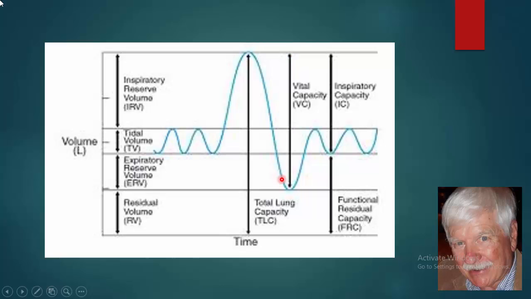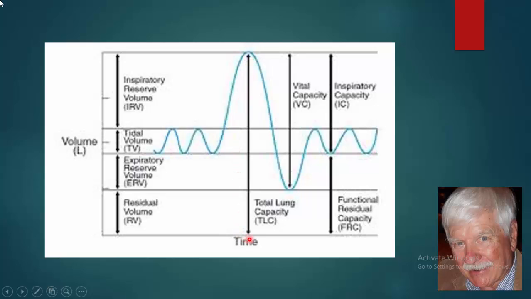Okay, vital capacity then is what? Expiratory reserve volume plus tidal volume plus inspiratory reserve volume. See, it's determined by adding a bunch of volumes together. Therefore, it's called a capacity. Okay. And now we have the other one that's very important to know, and that's the total lung capacity. And that is how much gas there is in the lungs after maximum inspiration.